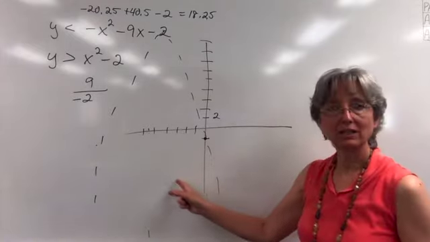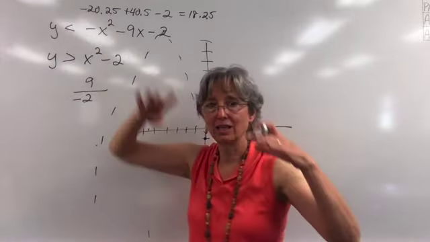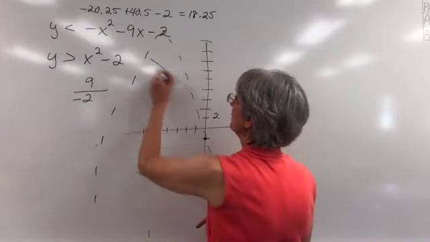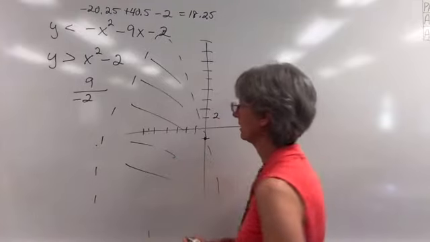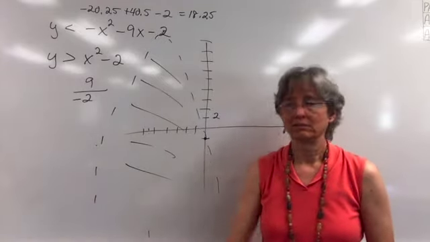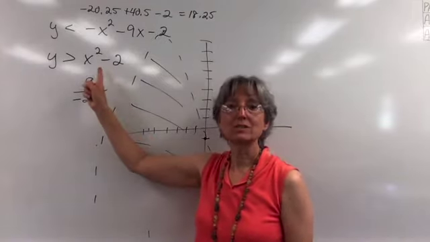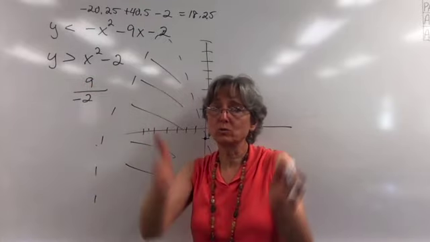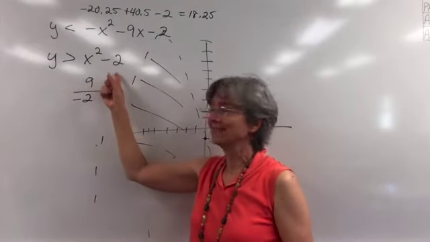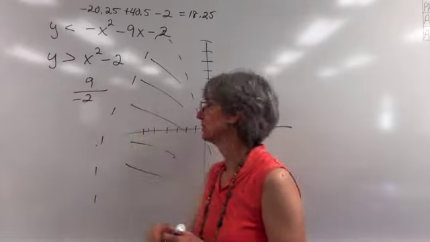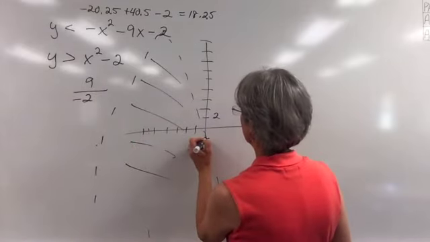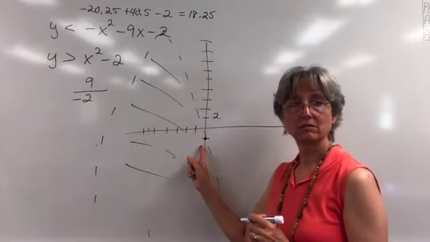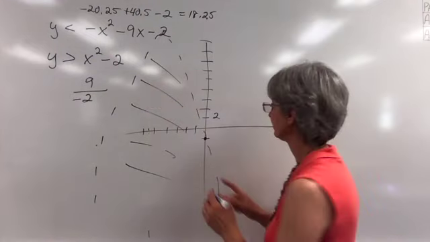Where does my shading go? My y's are less than that, so my shading will be in here. Okay, now I need to do this one. So this is just regular y equals x squared, but it's lowered down 2. So here's my vertex of this one.